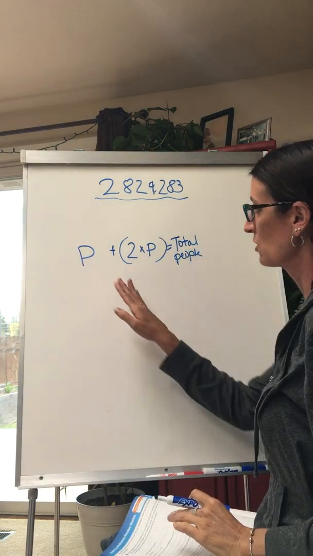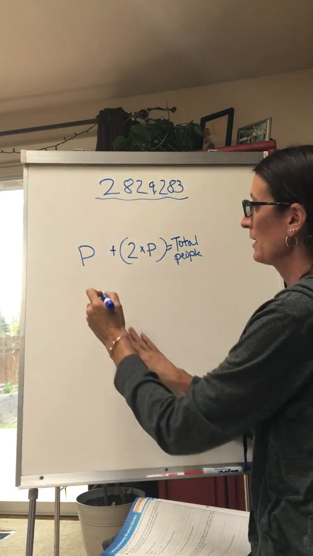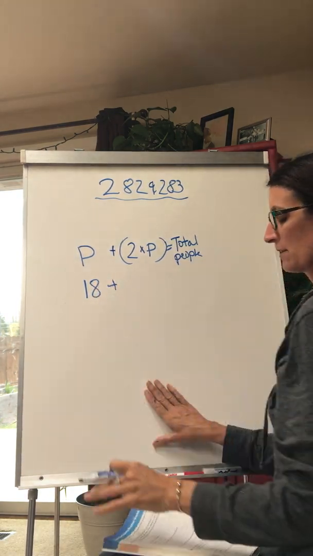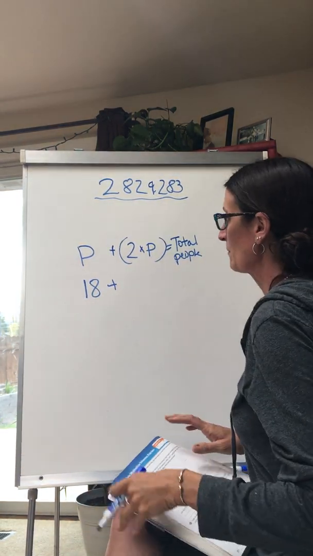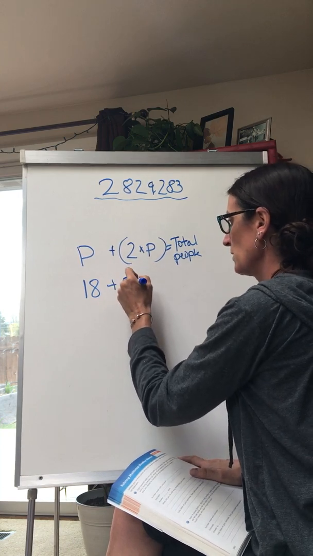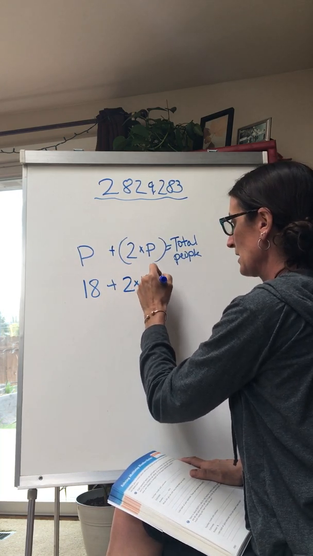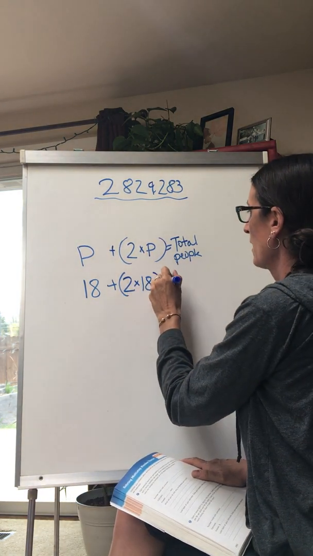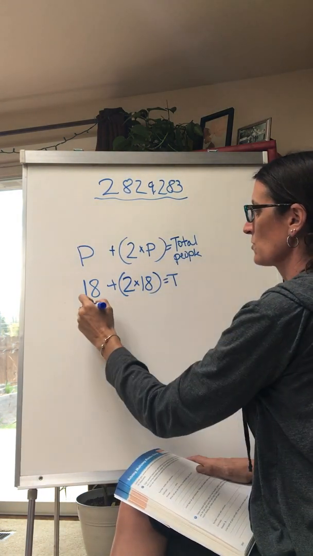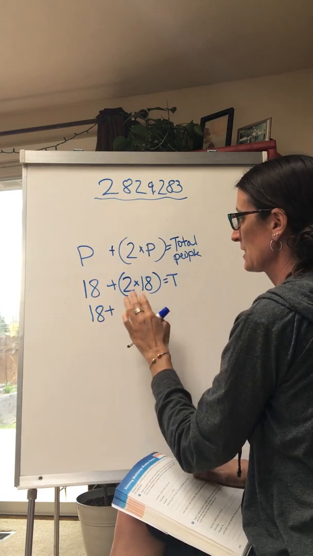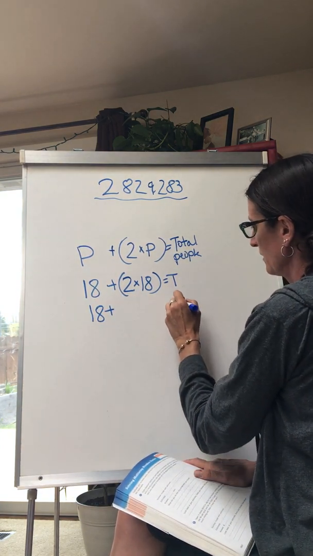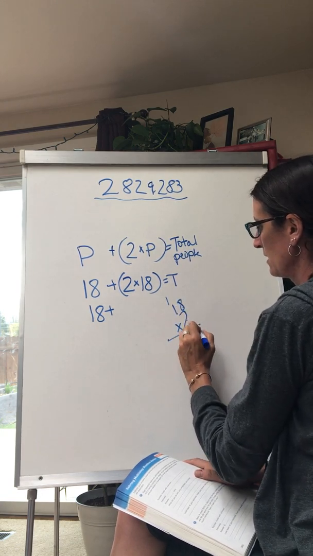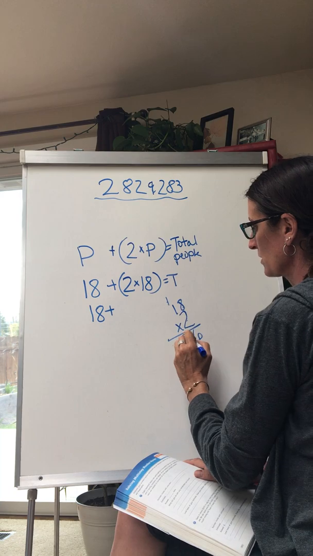Okay. So how many players do we have for P? I have 18 players. And then each player is bringing 2 family members. So that's 2 times 18, because there's 18 players and each one's going to bring 2 family members. And that's our total. So 18 plus 2 times 18, I can do it up on the side. 2 times 8 is 16. 2 times 1 is 2, and 1 more is 3.